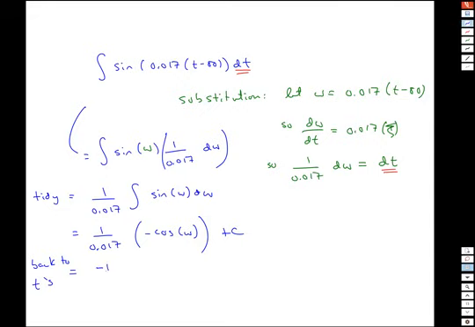Negative 1 over 0.017 cos of w, which is 0.017 t minus 80, plus c. So there are two ways to get to that integral value.